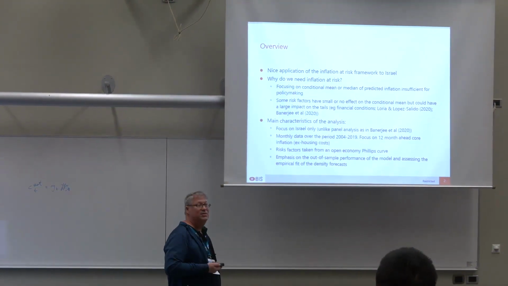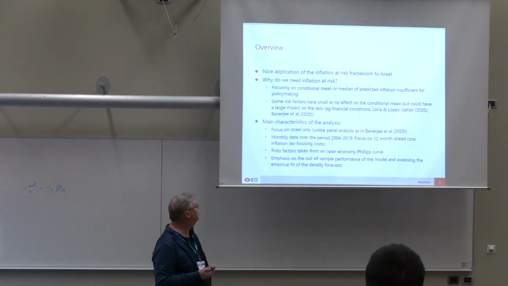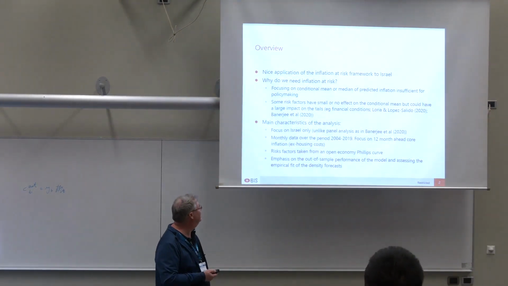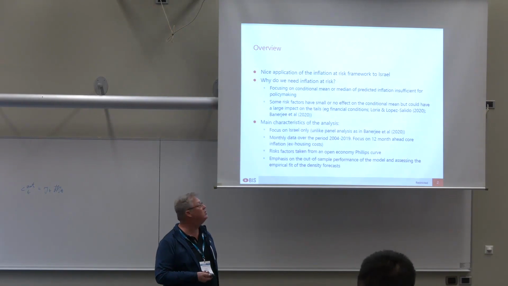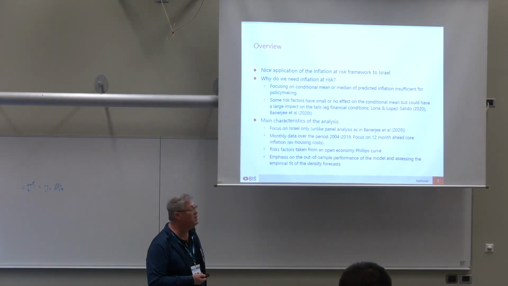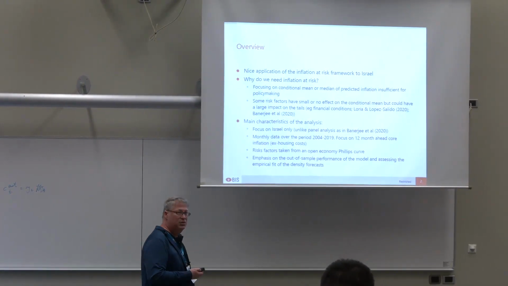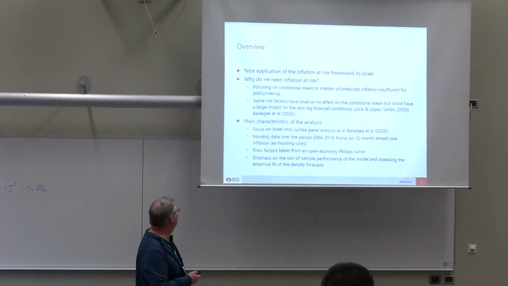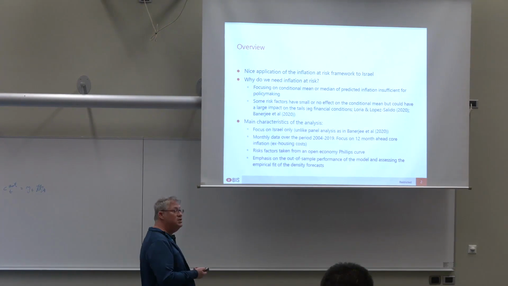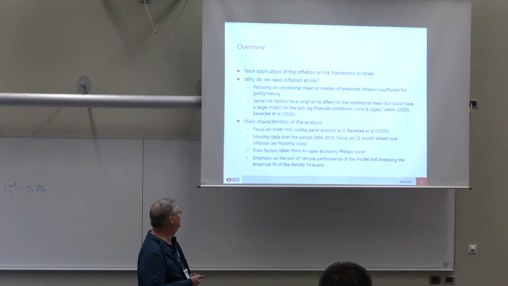So why do we need inflationary risks? I think there are two reasons. One is that focusing on the conditional mean or median or predicted inflation is insufficient for policy making. Another important reason is that some risk factors may have small or no effect on the conditional mean or the median, but could have a large impact on the tail.